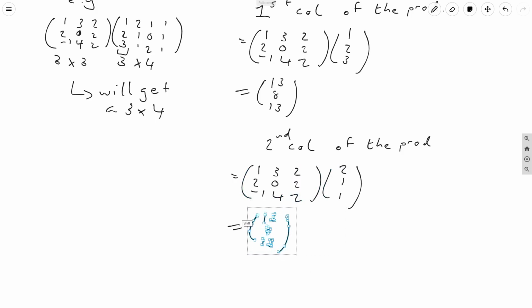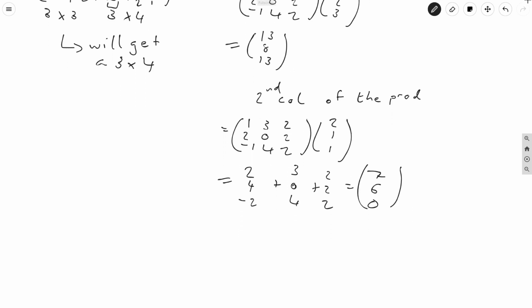Let's work out what we get. It's 2 times 1, 2, minus 1, plus 3, 0, 4, plus 2, 2, 2. Because remember, we multiply each of the columns by the corresponding entry in the vector. So we double the first and then just add on one copy of each of the others. So this is 7, 6, 0. That's the second column.